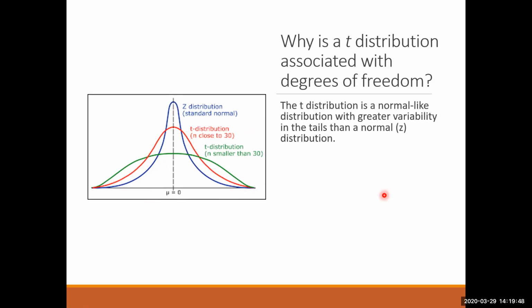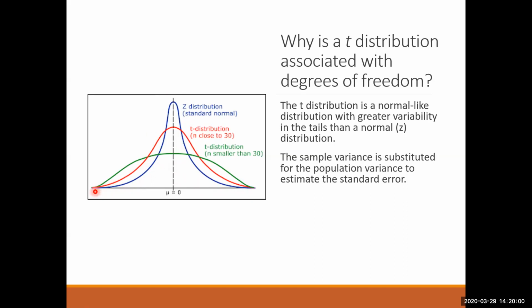These t-distributions are normal-like distributions with greater variability in the tails than a normal Z. You can see that here from this illustration. The sample variance is substituted for the population variance to estimate the standard error. So we're going to have an estimated standard error because we're going to use the variance from the sample and then estimate those to the population.